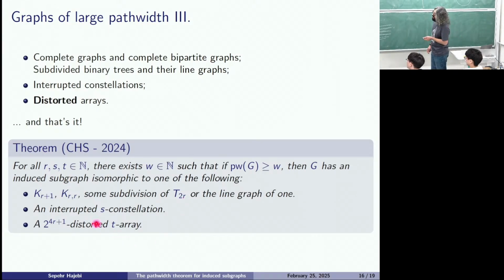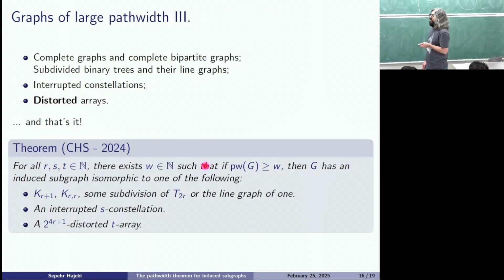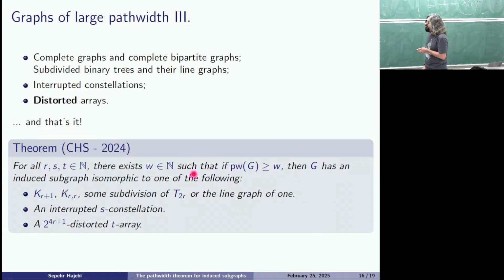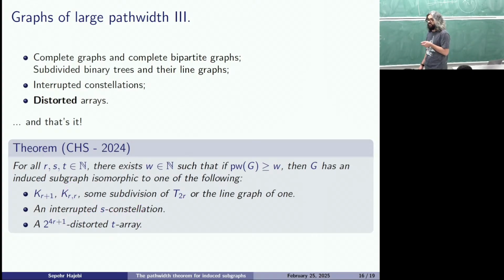Then this theorem is telling you that in every graph of sufficiently large pathwidth, if the reason why pathwidth is large is non-basic, then you contain either an interrupted constellation with as many vertices in the stable set as you want, or an array, a T-array, for T as large as you want, but your array is a little distorted.